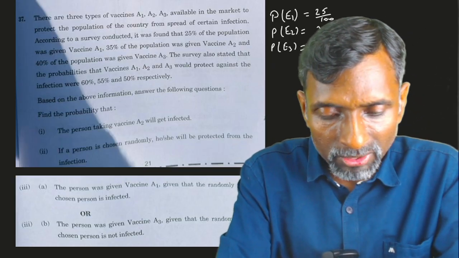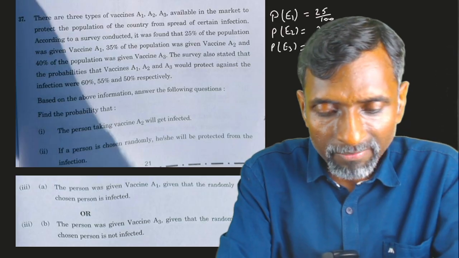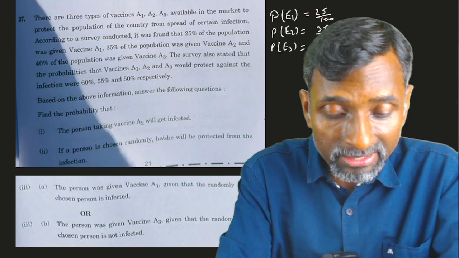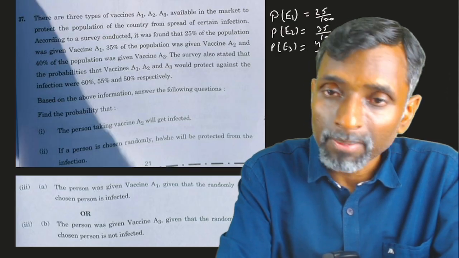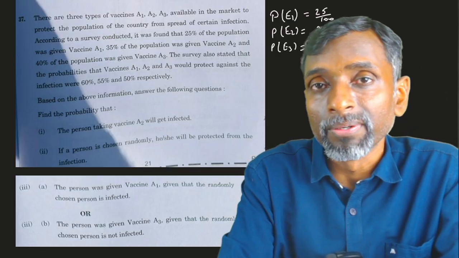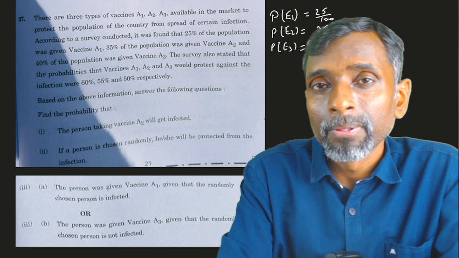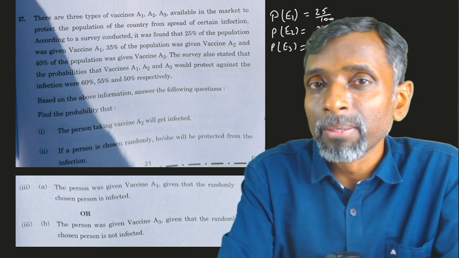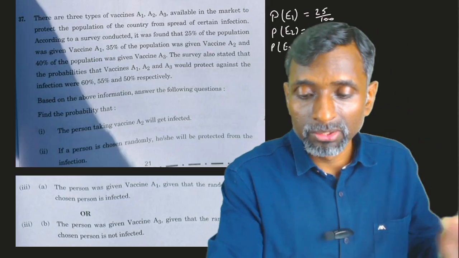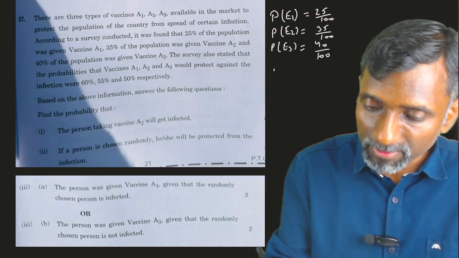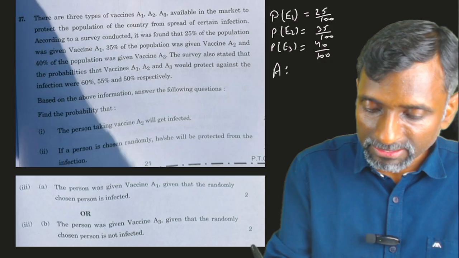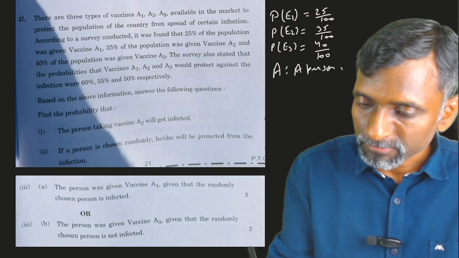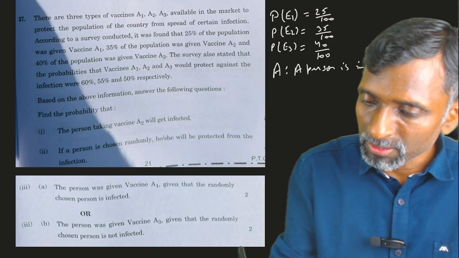The survey also stated the probability that the vaccine A1, A2, A3 would protect against the infection were given. But what is the possibility to get the infection? It is just 1 minus these events. So that means if we have the event A as a person is infected, read the question carefully.